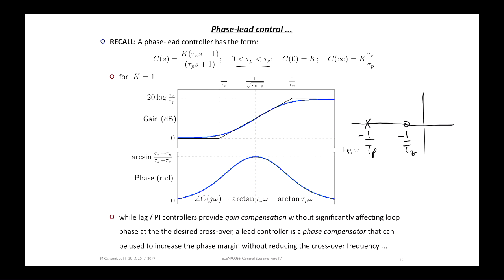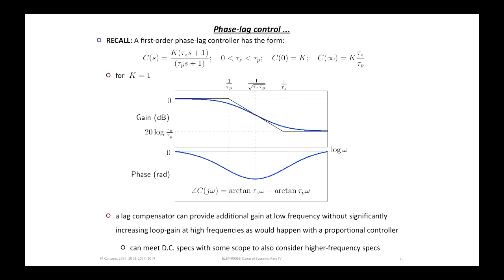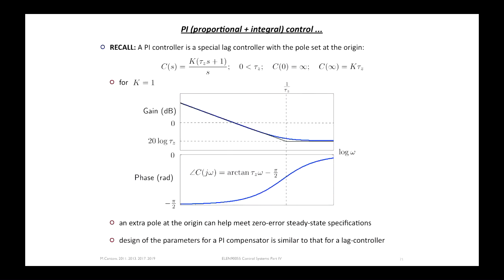And the phase margin is about the difference between the phase of the open loop transfer function at crossover and minus 180. So phase lead compensators are used like that. They're used to fix up what's happening at the desired crossover frequency, whereas a lag compensator is being used to fix up what happens at low frequency without interfering with what will be happening at the desired crossover frequency.